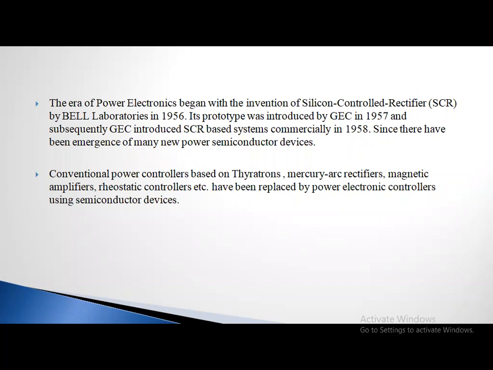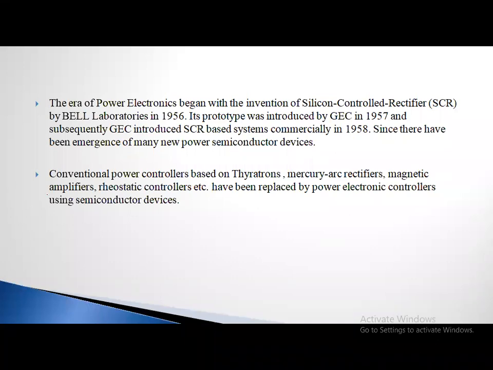Controlling the power. Before the development of power semiconductor devices, we had some methods to control the power. For example, speed control techniques of DC motor using the Ward-Leonard method, armature voltage technique, armature resistance control method, field flux control method. And the Ward-Leonard method is an armature voltage control technique.